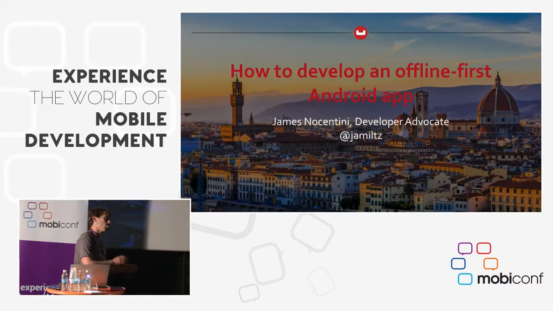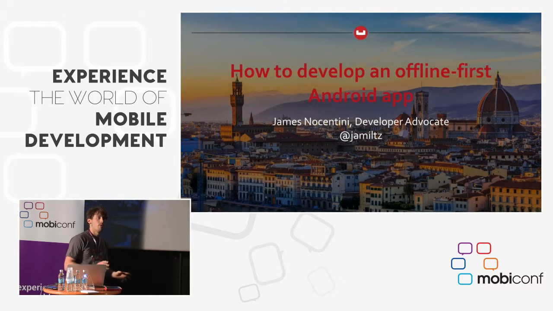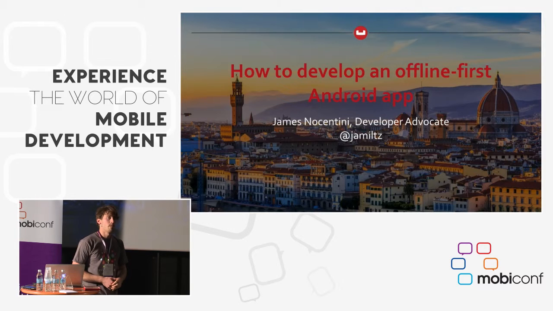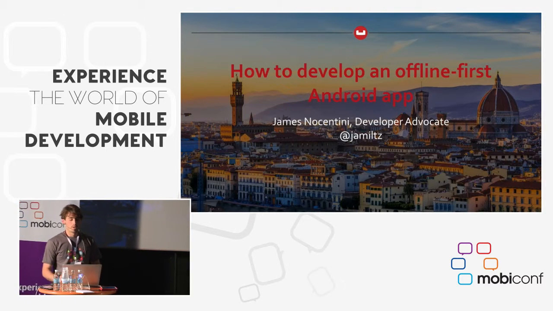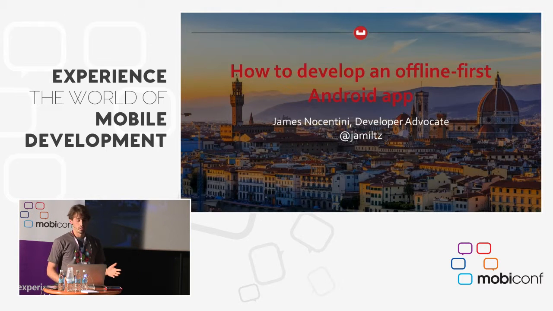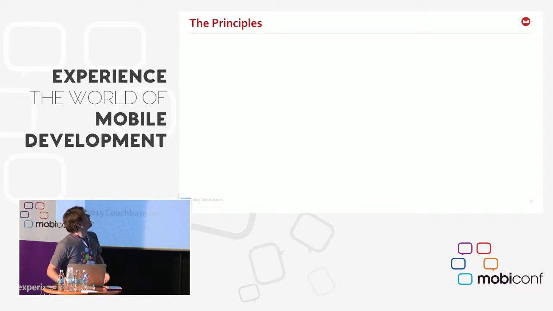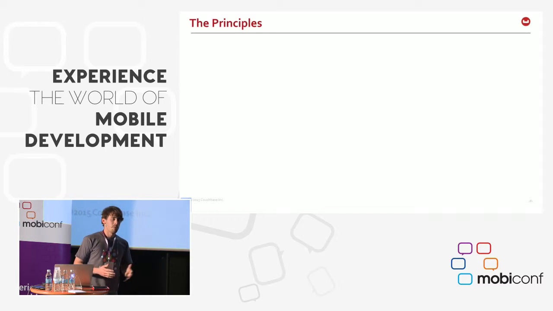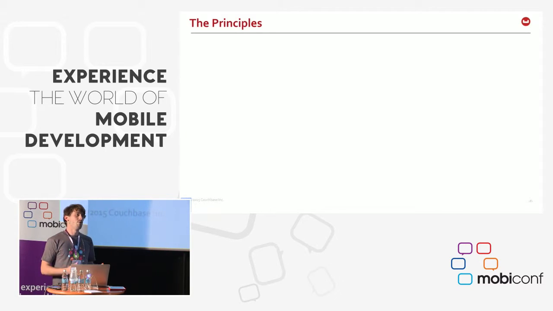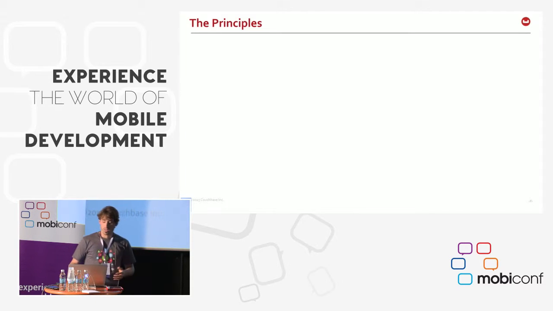So I'll give a quick overview of the different components that enable us to do offline synchronization, and then we'll go more into Android as a result. So when we came about building Couchbase Lite a few years ago, we were thinking, what are the big principles that apply to mobile development?